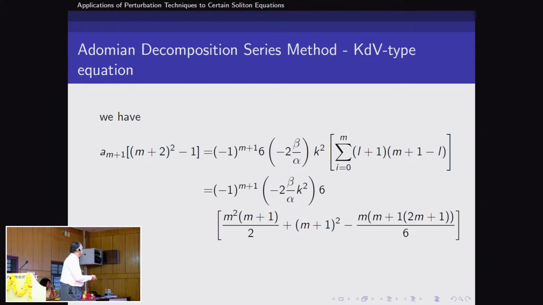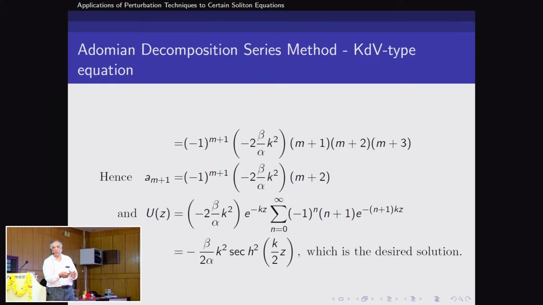So you can simplify and see that you can express your A_(m+1) easily, and it becomes a geometric series. Suppose you don't want to sum as it is, you can apply what is called Padé approximation, so that you can reduce it into sech squared. I'll leave that to you, how an exponential function will lead to secant hyperbolic.